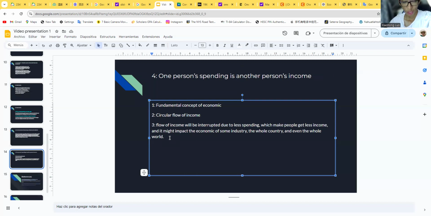So okay, let me just clarify that the flow of income might be interrupted due to less spending. In this case, Dunkin' Donuts. If the prices of the drinks from Dunkin' Donuts are high, there might be fewer people who want to buy it because they don't have enough money, or they don't think the price is worth it.